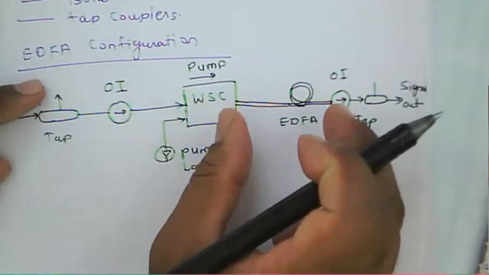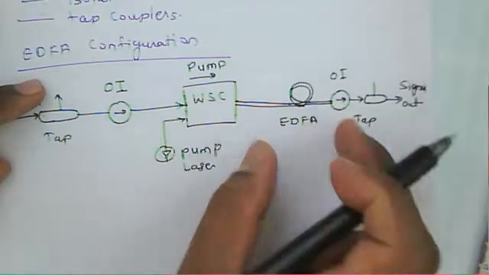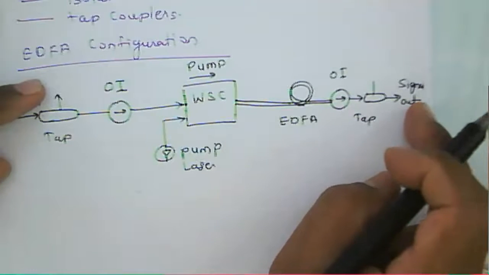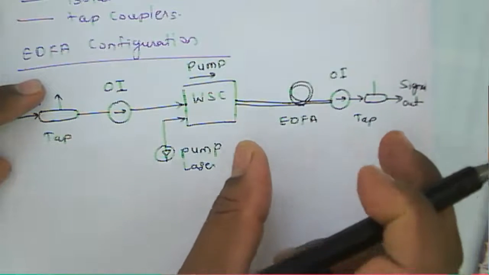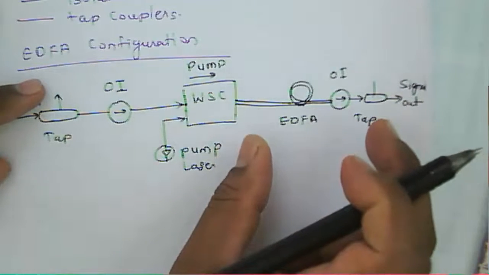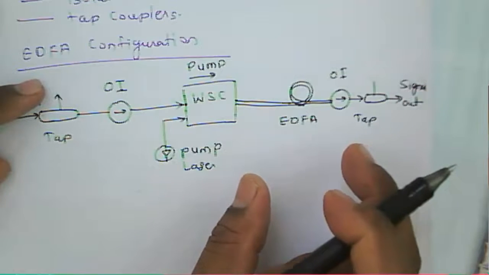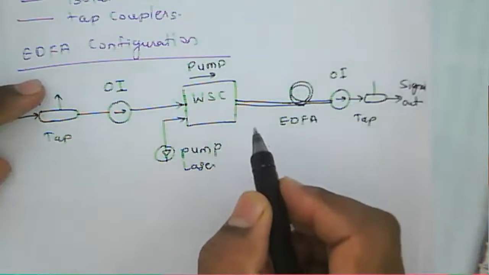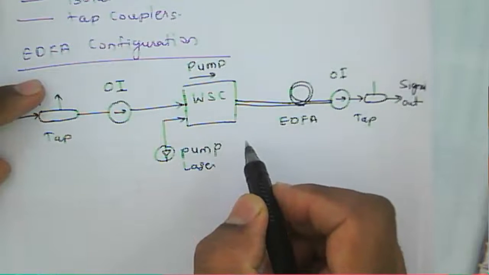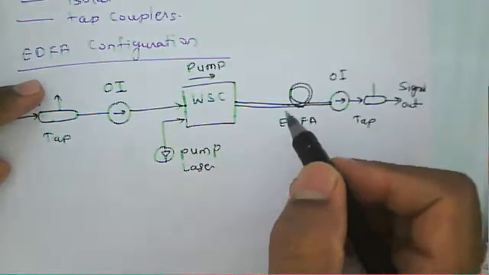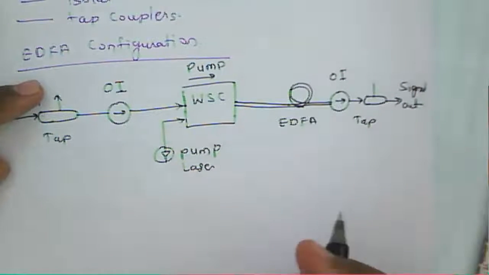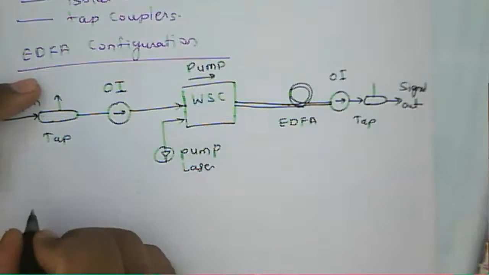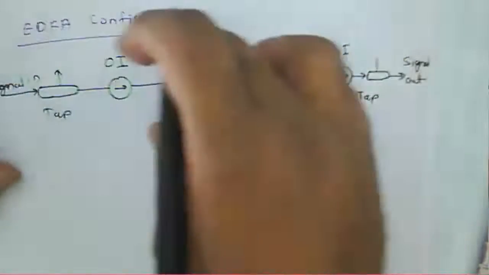The amplification takes place here, and then we'll get the signal out. Because of that particular pumping, it produces less noise, and it will give a larger population inversion at the specific operating wavelength. So this is one configuration.